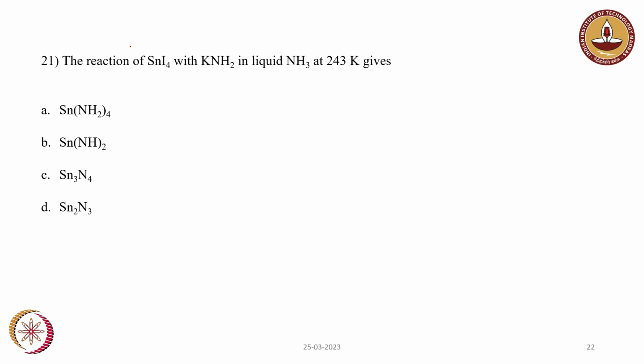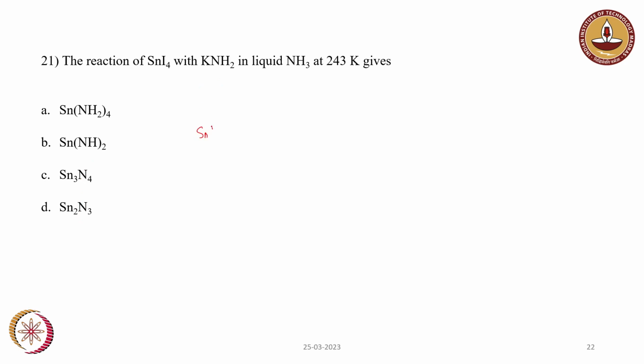Next question is the reaction of SnI4 with KNH2 in liquid ammonia at 243 Kelvin gives option A Sn(NH2)4, option B Sn(NH)2, option C Sn3N4, and option D Sn2N4. So this is the process to synthesize nitride of tin.